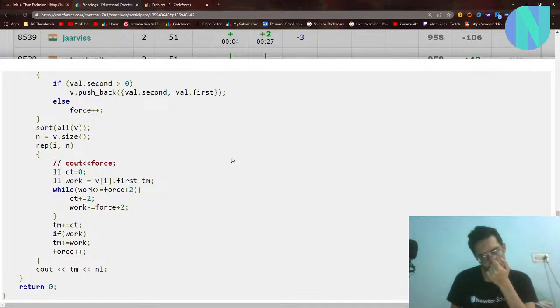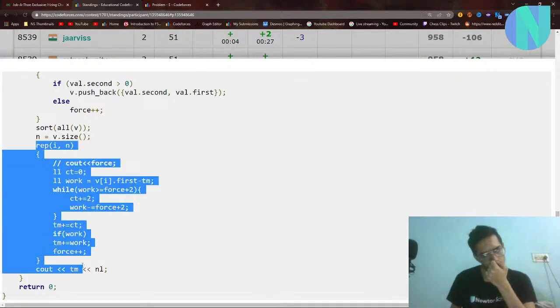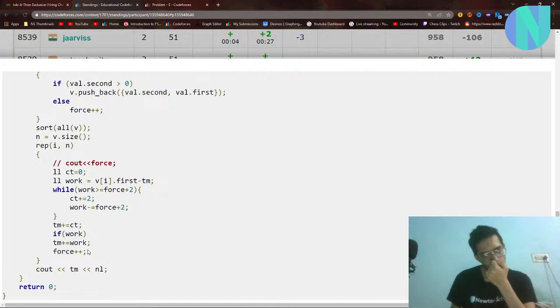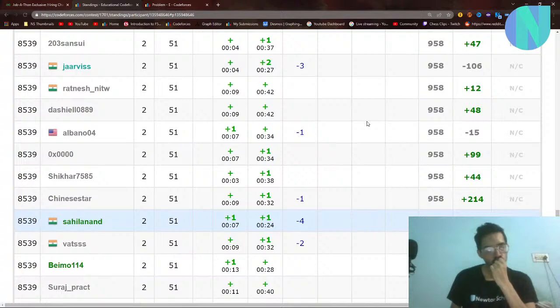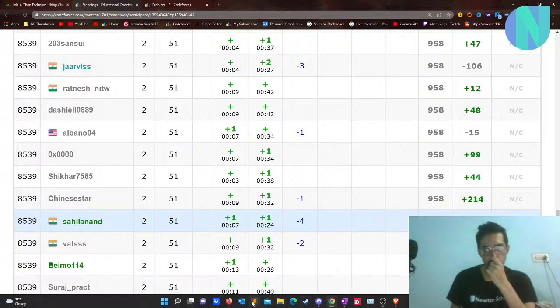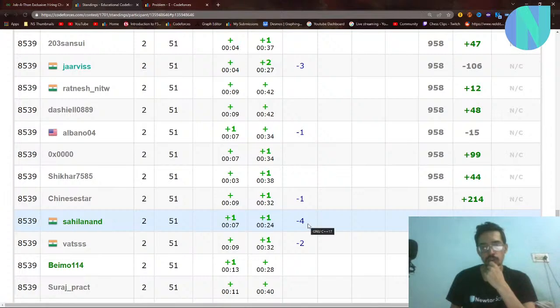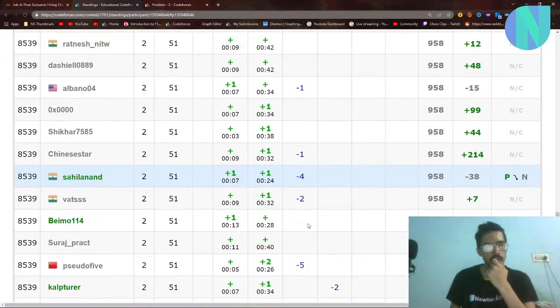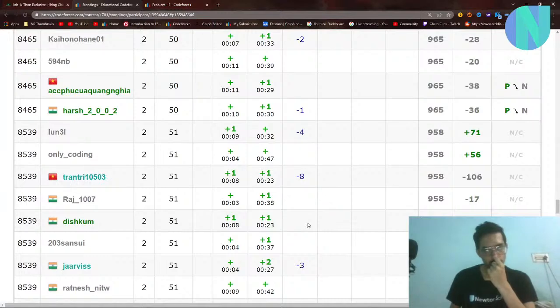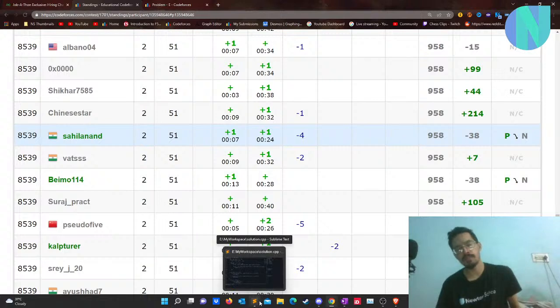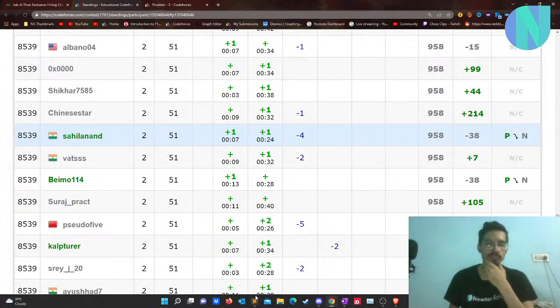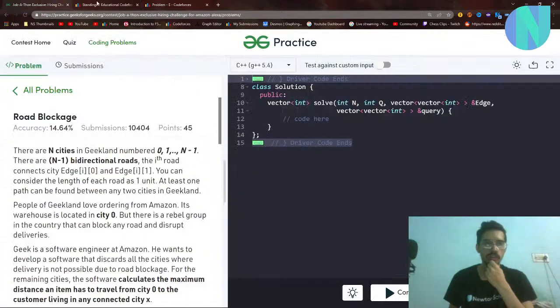Are you doing a brute force here? I think this is a brute force, isn't it? Or is this some kind of greedy? Like I said, it's hard to implement and do greedy. So you should have thought about binary search here. I think you need to work on your binary searching and stuff like that. Don't always go for greedy because it's hard to implement and hard to debug. I think that's why you lost some rating here.